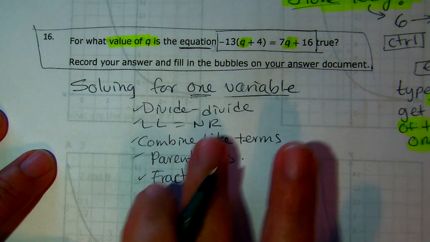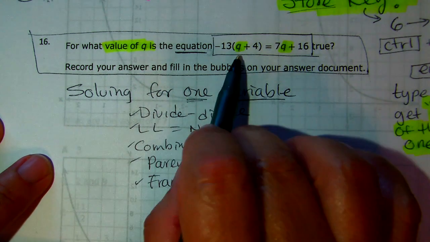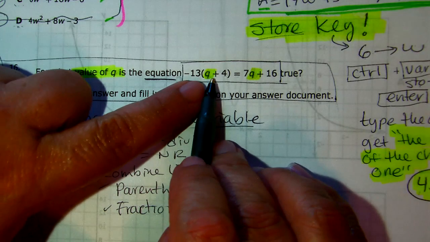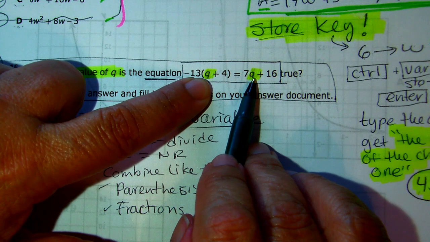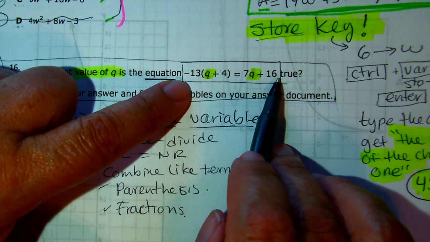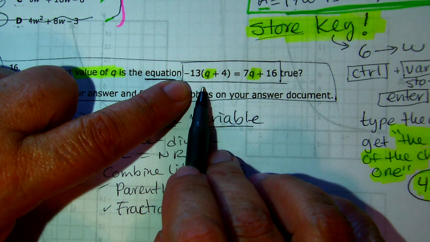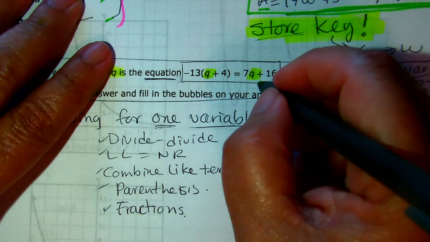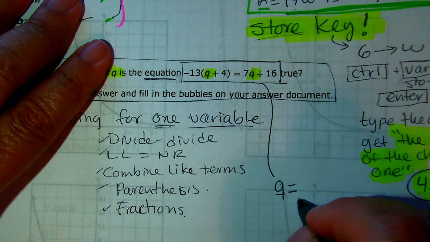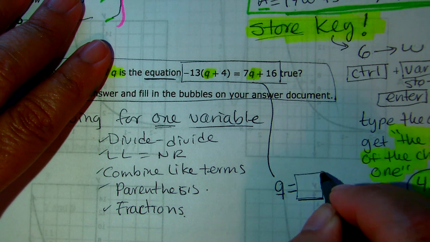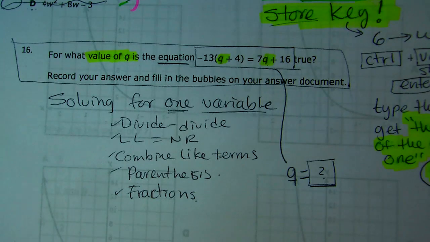But I wanted you to get the idea that we're solving for one variable. It means that we want to leave the Q by itself, okay? So if we had to do it by hand, we have to start working on this equation to leave the Q by itself. That's what we want right here. We want to have the Q by itself and have a value right here that we don't know what it is.